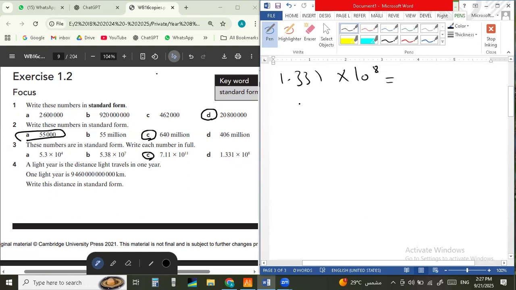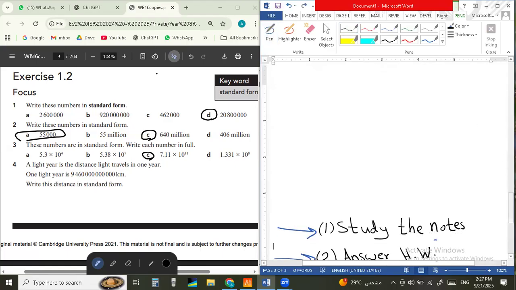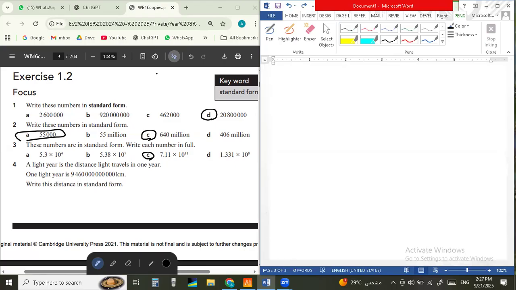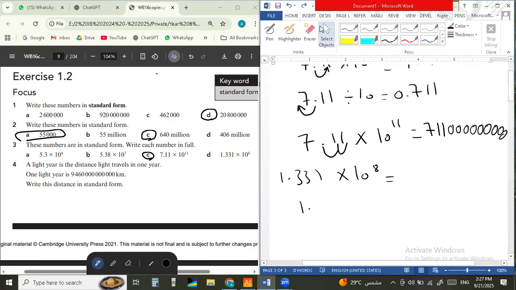So it's going to be 1, 3, 3, 1. Now I move the 3 digits to the right. Yes, but I need 5 more. So 1, 2, 3, 4, 5. That's the answer. Now I moved the decimal point 8 digits to the right. I had 3 already written there, so I needed 5 more digits to be written.